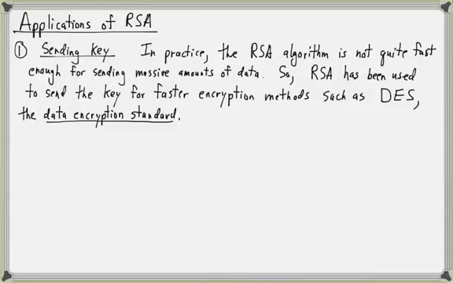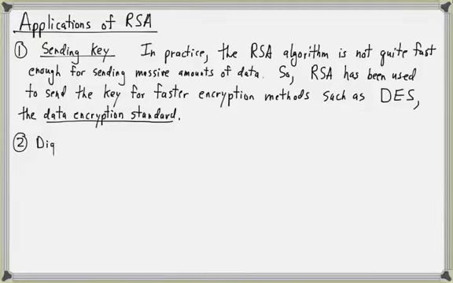Another example of an application of the RSA algorithm is a digital signature. Suppose Alice has a document and Bob agrees to sign this document. This is all done digitally. Then how can Alice be sure that Bob was the one that signed the document?